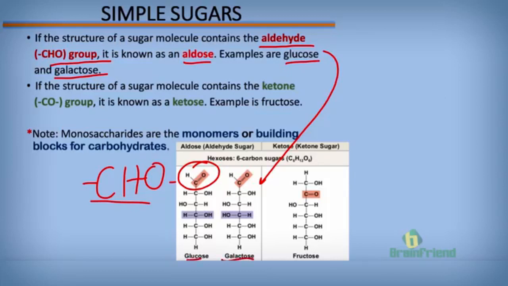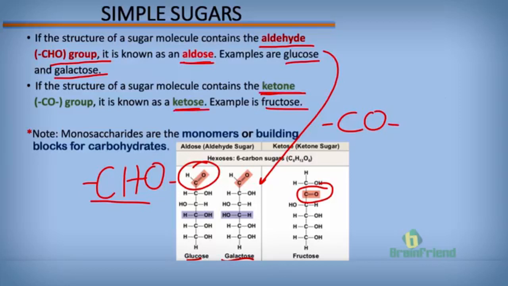But if the structure of a sugar molecule contains the ketone group, which is the C double bond O, such a sugar will be known as a ketose. An example of a monosaccharide that is a ketose is fructose. Here is the C double bond O functional group of a ketose. So this goes to tell us that monosaccharides are further grouped into aldoses and ketoses.